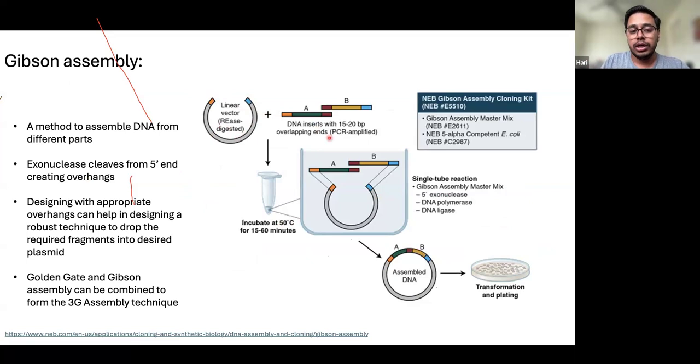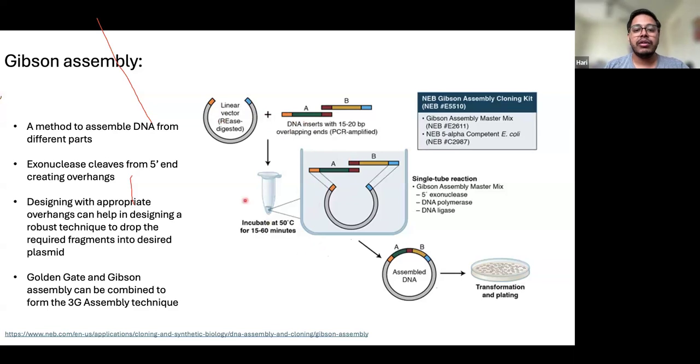What people have done is use the same property to create overhangs on different gene fragments, designing the fragments in such a way that the overhangs created on the 5' end are complementary to each other. They can assemble different fragments onto a plasmid. And this is a very robust technique to insert fragments onto a plasmid.